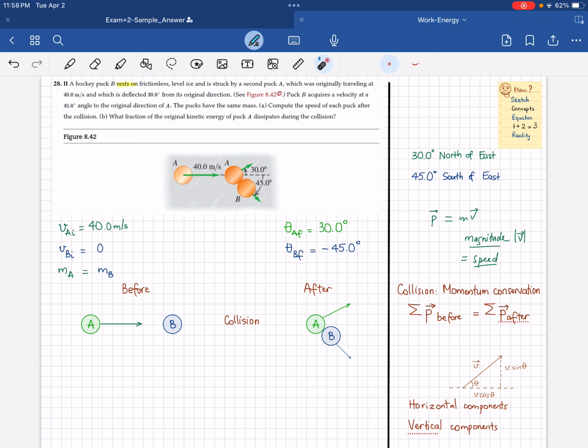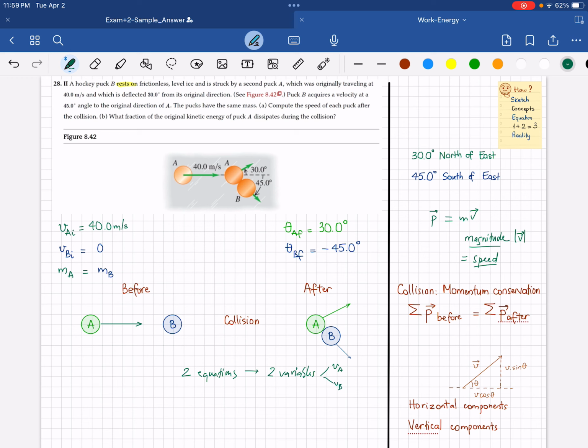So try it. If we want to calculate the speed of each puck, we need at least two equations, because we solve for two variables, which are the speed of A and the speed of B after the collision.